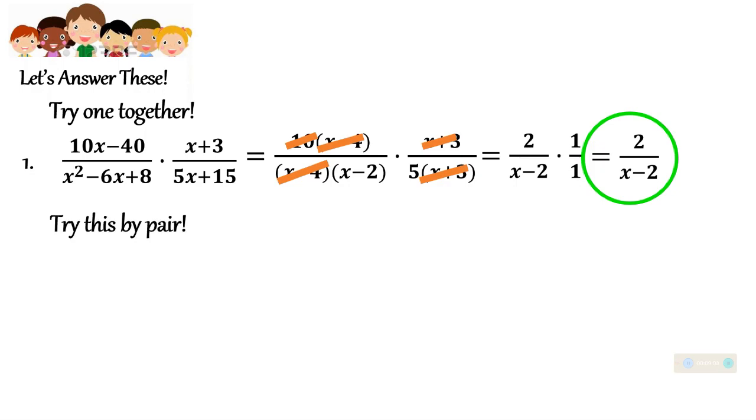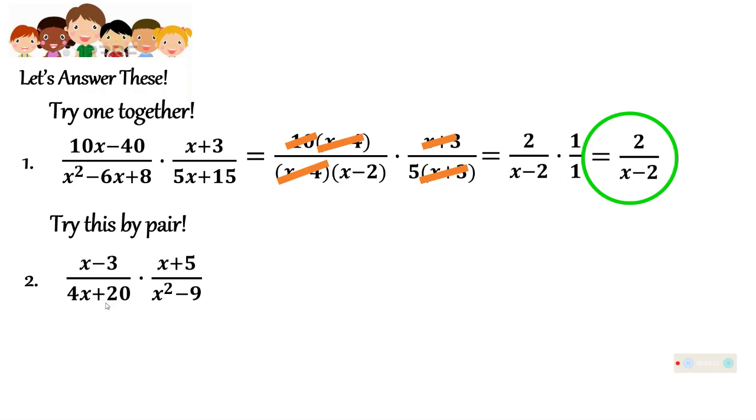Okay? Next, let us have this. X minus 3 over 4x plus 20 times x plus 5 over x squared minus 9. Okay? So, x minus 3 is not factorable, but 4x plus 20 is factorable.